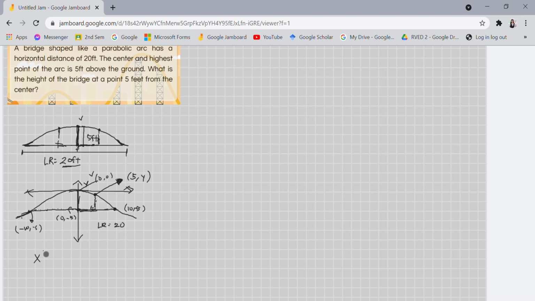The formula is x squared, again the vertex is at 0, 0, x squared is equal to negative, facing down, 4a times y. Again, 4a is the length of your latus rectum. So, the defining equation now will be x squared is equal to negative 20y. Facing down, that is why it is negative.